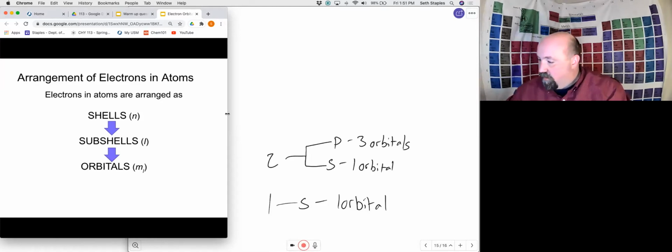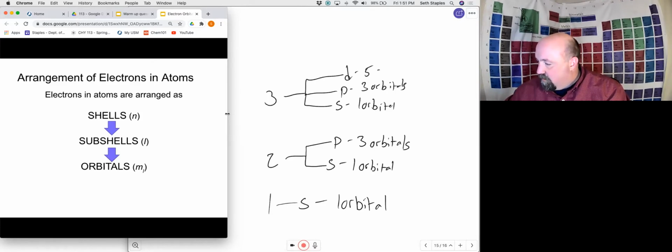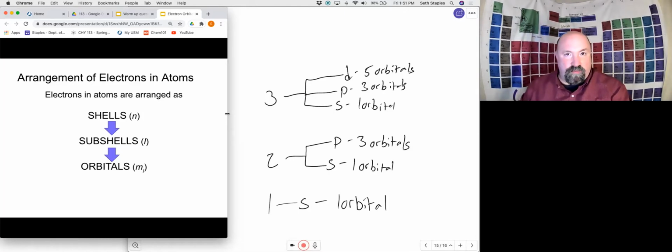Our third Bohr shell splits into its S sublevel with its 1 orbital, its P sublevel with its 3 orbitals, and its D sublevel, which is split into 5 orbitals. 10 electrons total in a D sublevel, divided amongst 5 different orbitals.